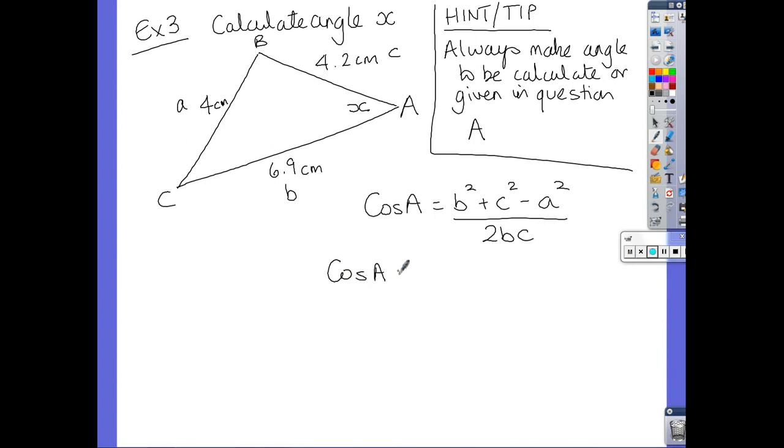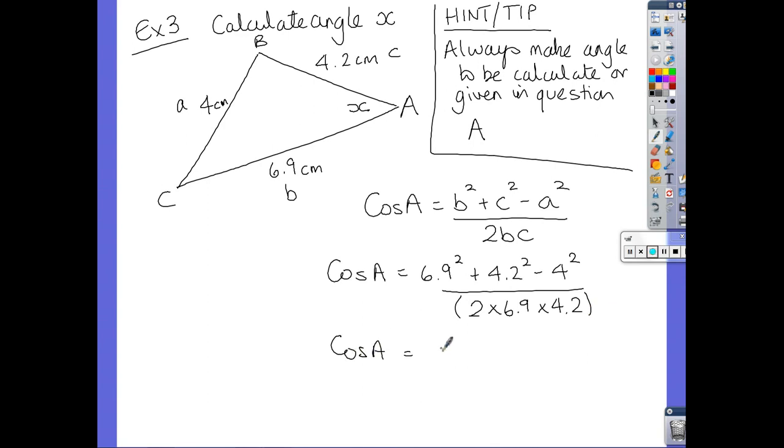So cos A is equal to 6.9 squared plus 4.2 squared minus 4 squared all over 2 times 6.9 times 4.2. And you can do that all in one calculation on the calculator if you want, although I would recommend doing the top line, pressing equals, and then having brackets round the bottom to work out the bottom line that you're dividing by.